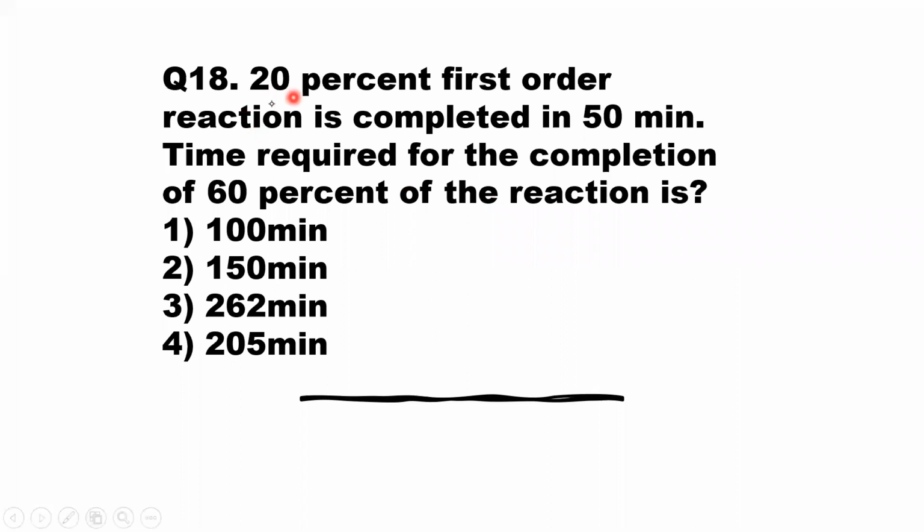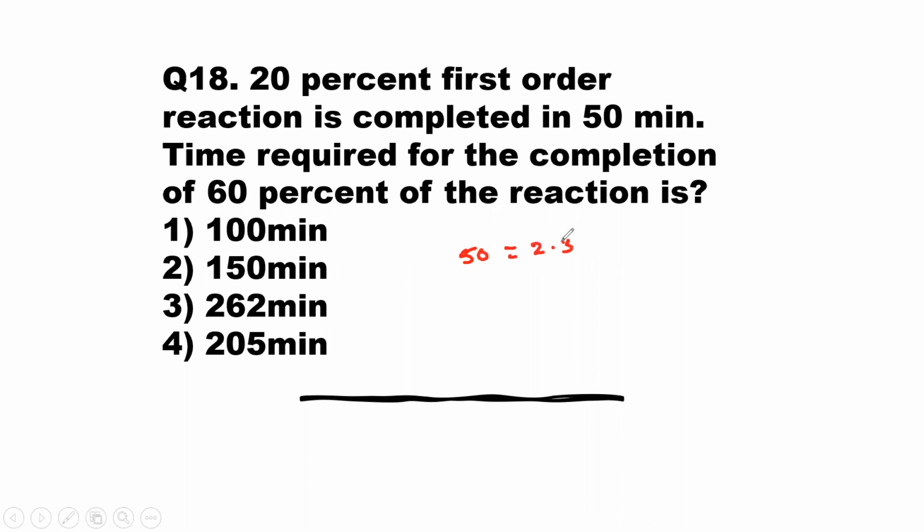Question number 18. 20% of a first order reaction is completed in 50 minutes. The time required for the completion of 60% of the reaction is? Since they have given 20% and 60%, as it is not matching our values, you can use the formula. So 20% of the first order reaction is completed in 50 minutes.